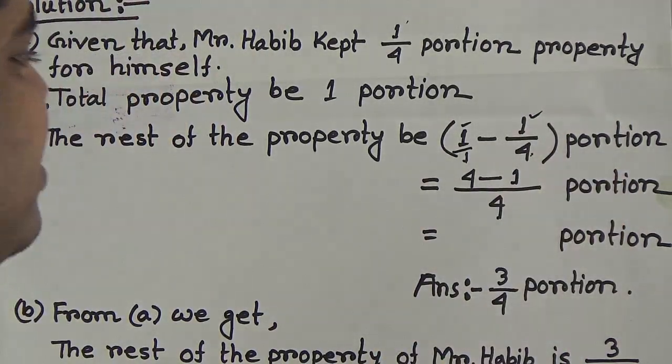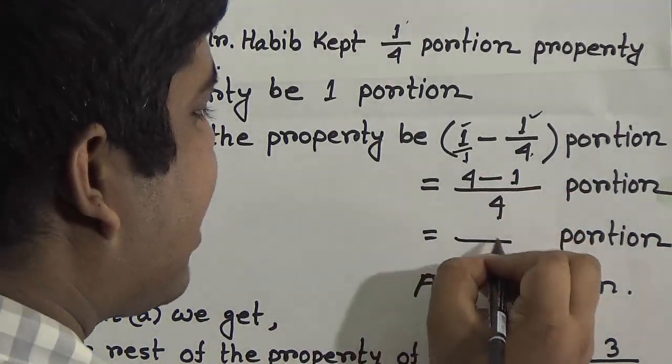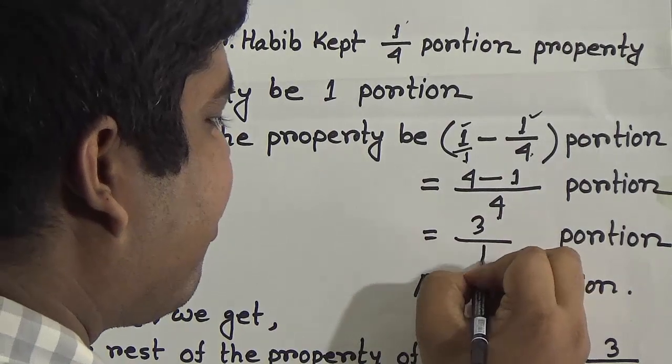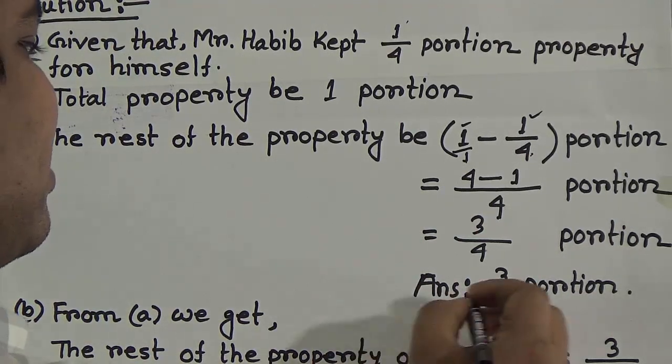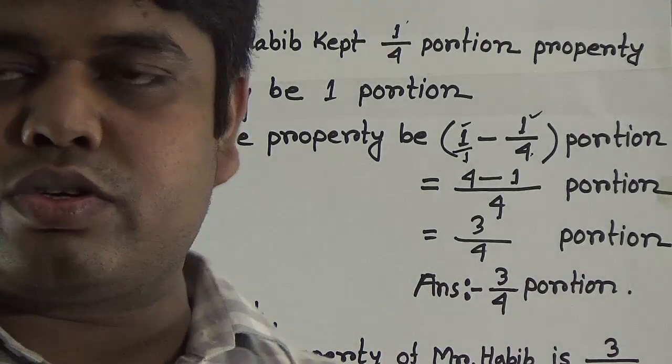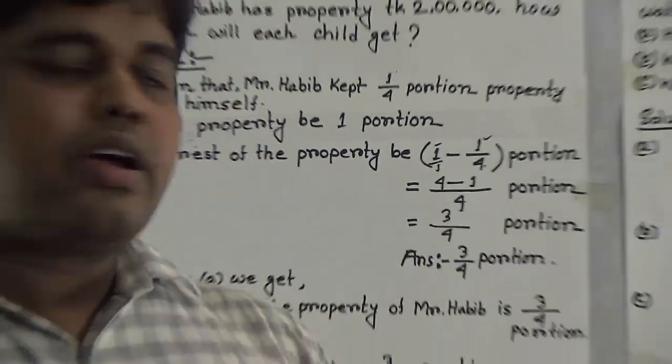Students, notice, now we subtract 1 from 4 and we get 3, that means 3, and this denominator 4 is here. So 3/4 portion is the rest of the property of Mr. Habib. And you must write the answer 3/4 portion. Students, if you don't write the answer, some marks will be cut from your answer script.